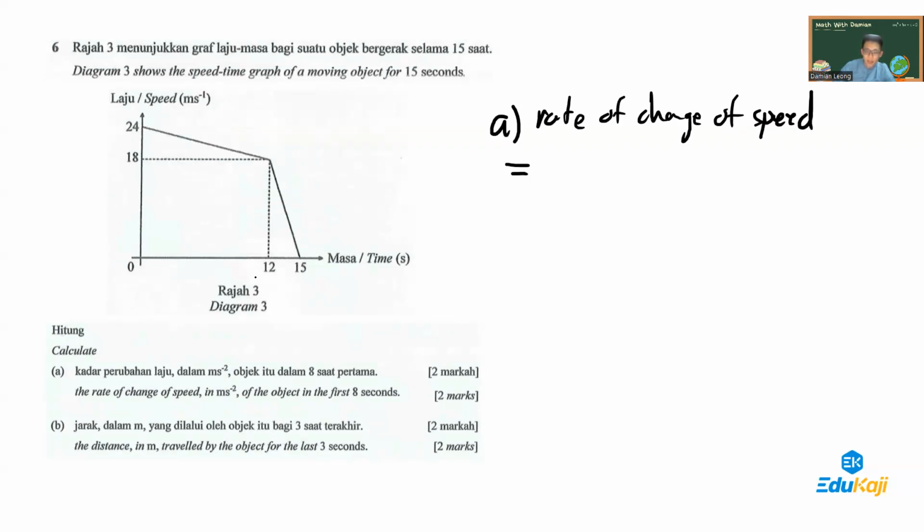Even if I take until here, it doesn't matter because it's the same rate of change. So change in speed, 24 minus 18, over change in time, 12 seconds. So it's 6 divided by 12, 0.5.